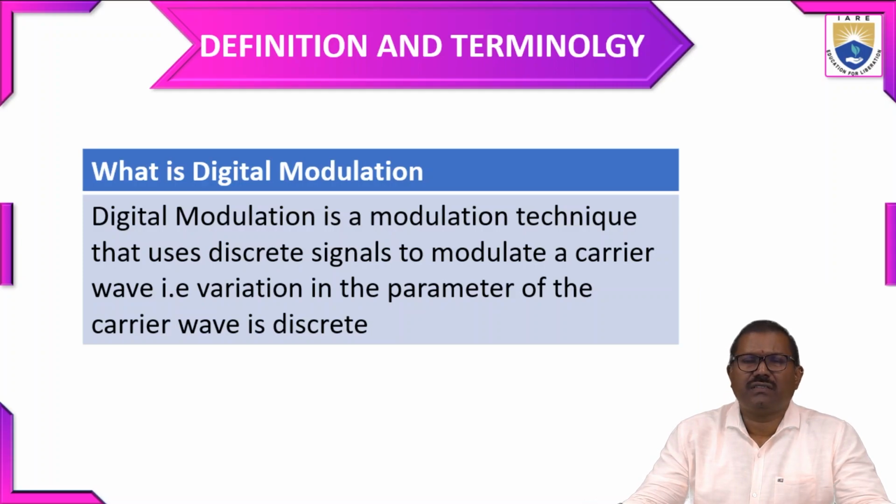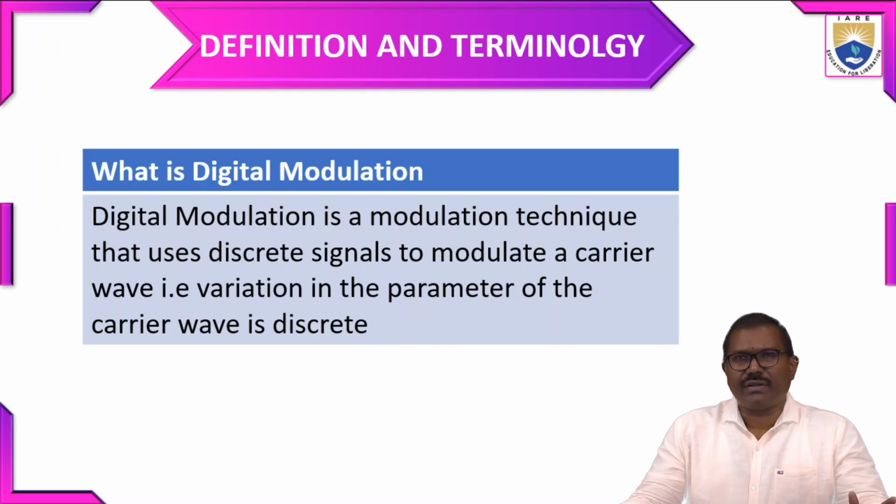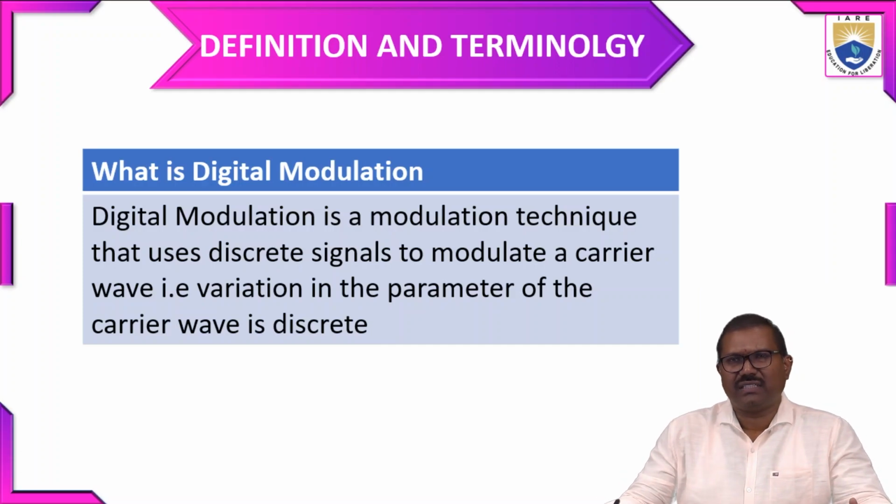Simply, in analog form we have PAM, PWM, PPM, whereas in digital we have PCM, DM, ADM, like that. These are the digital pulse modulations. So here we are using discrete signals to modulate a carrier wave. That is digital modulation.